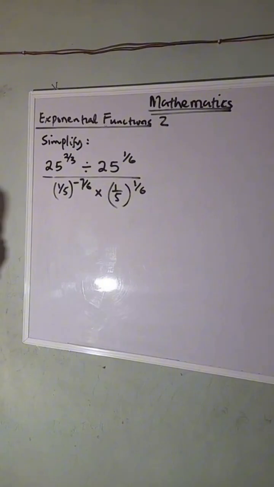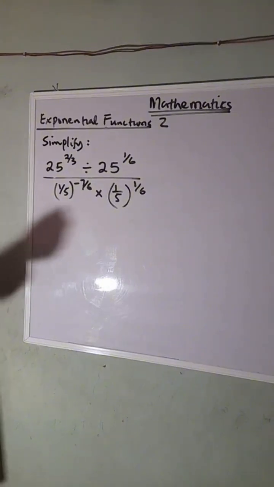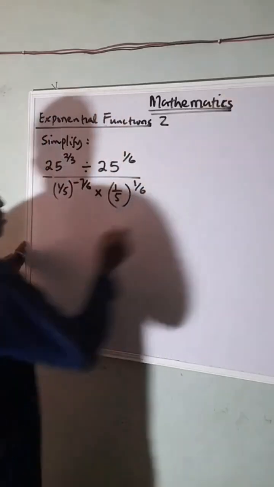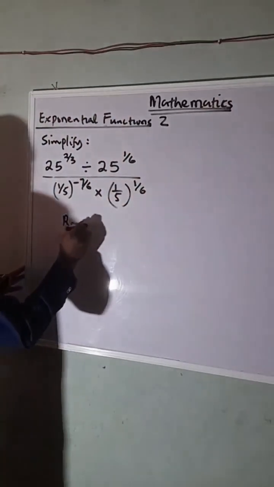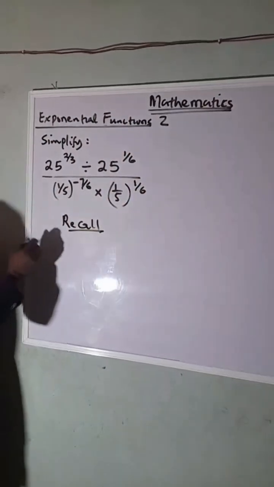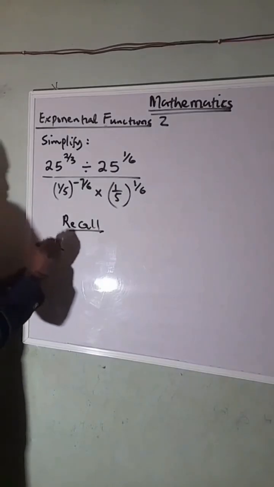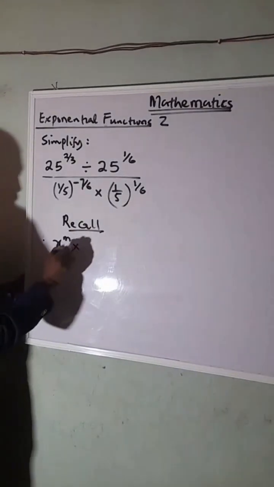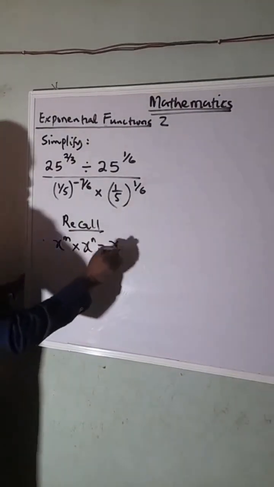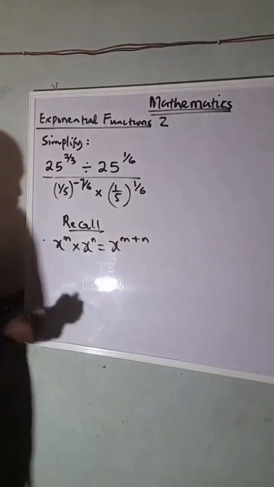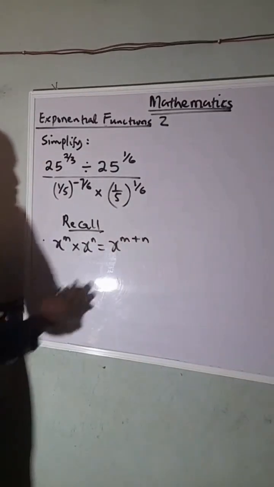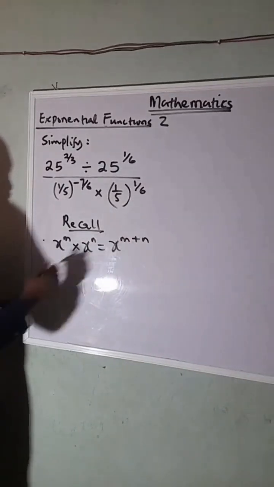Without wasting much of our time, from our laws of indices, recall this. One, x raised to the power of m times x raised to the power of n: the law will join the two together, the bases are the same, write one of the base and join the powers together.